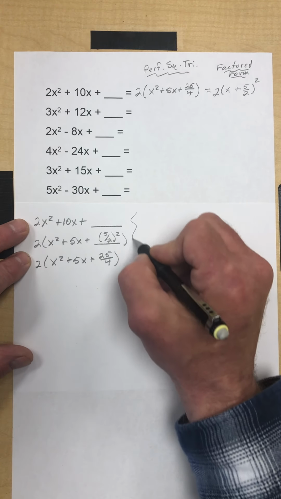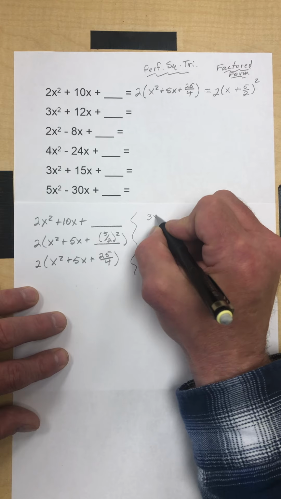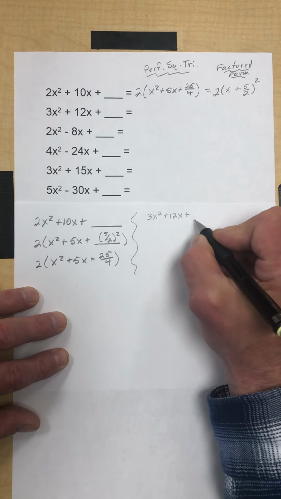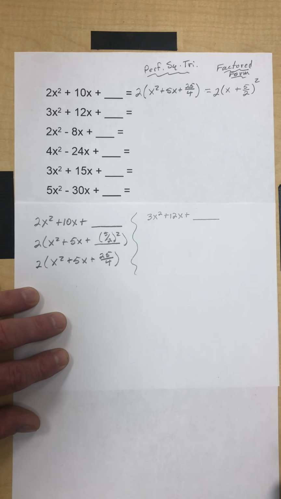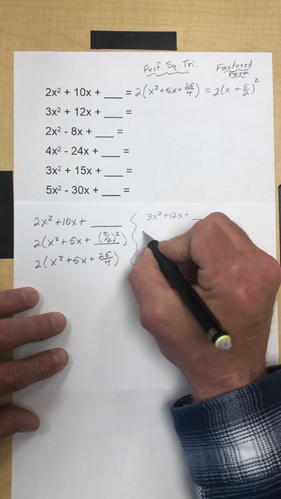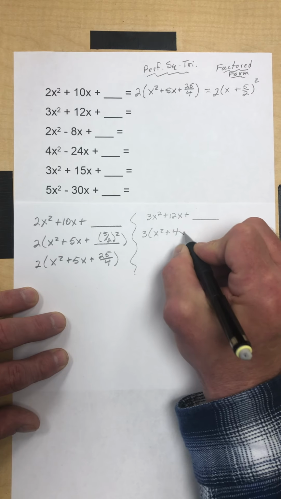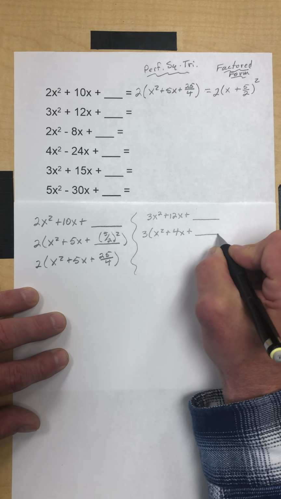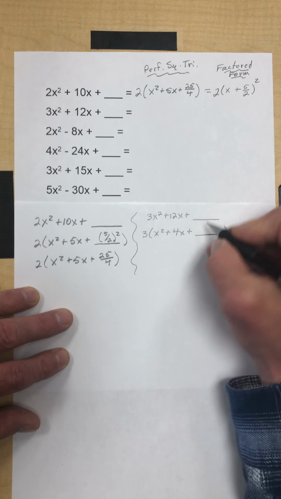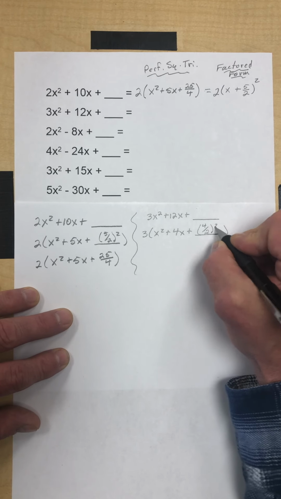Okay, let's do another one. Let's take that second one down. So I've got 3x squared plus 12x plus, I don't know what that is. Again, I have to get rid of this leading coefficient, so I factor out the 3. And so I'm left with x squared plus 4x plus, now I can complete the square. We take our linear coefficient, 4, divide by 2, and then square that.